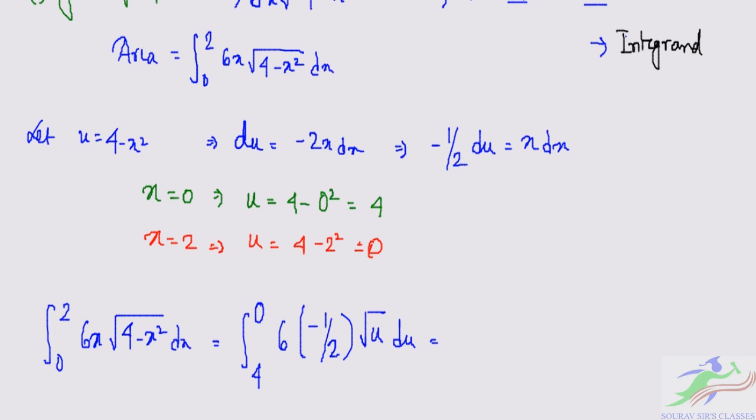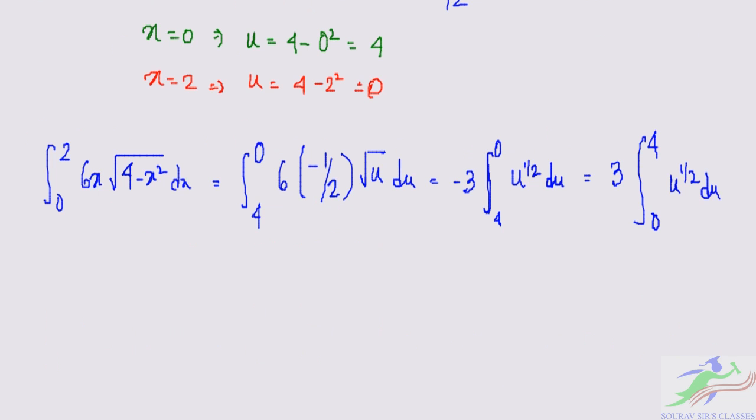So from here you get minus 3 times the integral from 4 to 0 of u to the power half du. With the minus sign you can flip the limits, so it is 3 times the integral from 0 to 4 of u to the power half du.